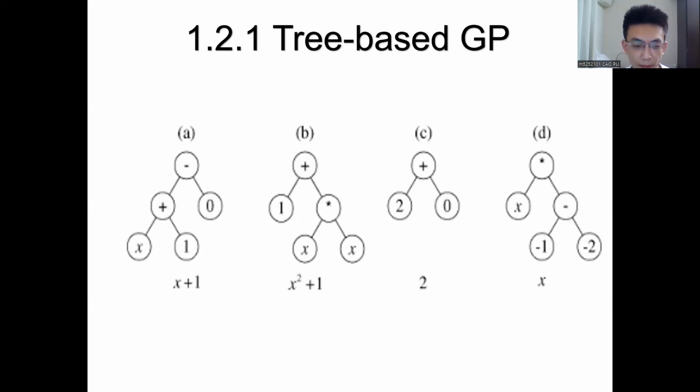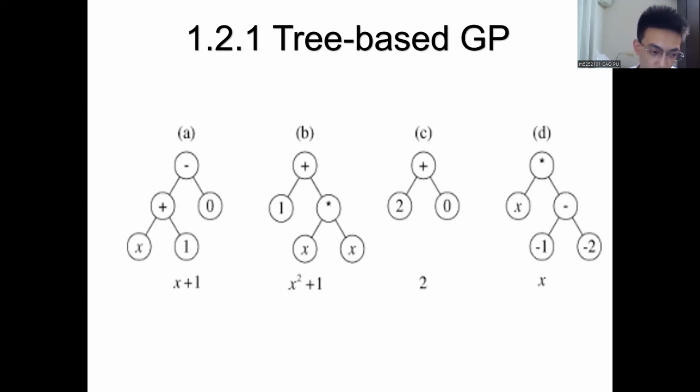I will not introduce it in detail. I will only introduce how tree-based genetic programming generates a new tree. We have two kinds of nodes for tree-based genetic programming. The first is the terminal nodes. The second is the operator nodes.